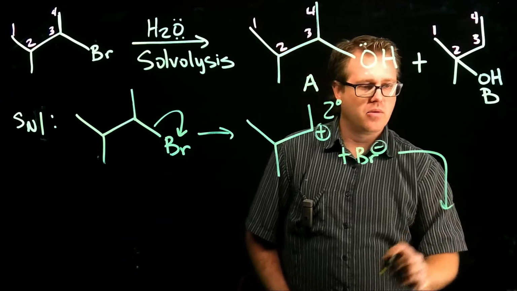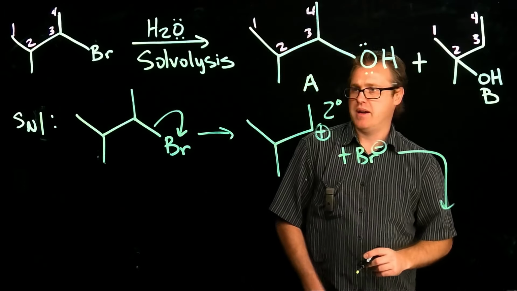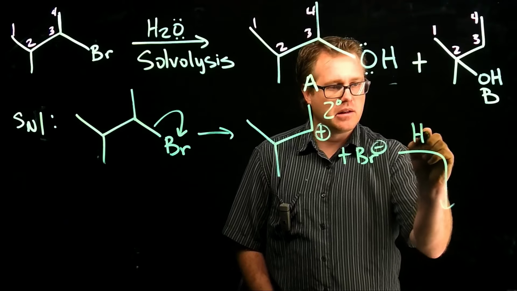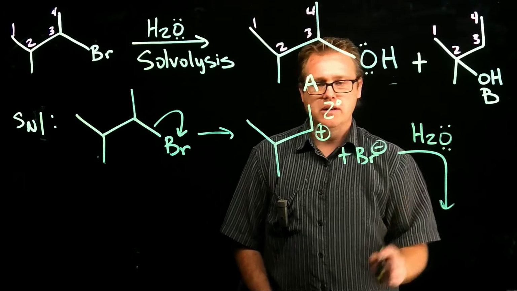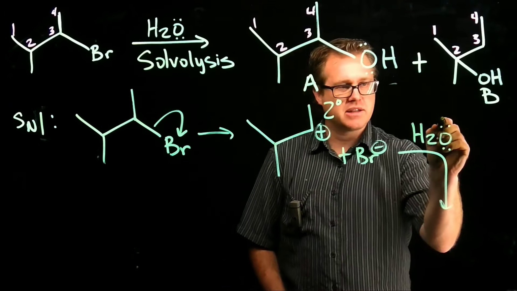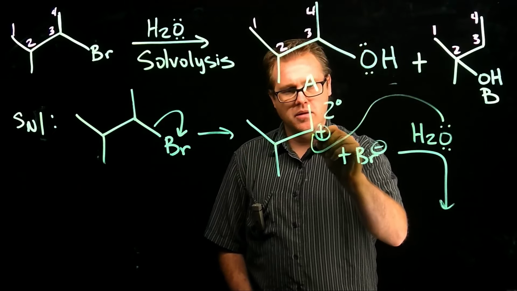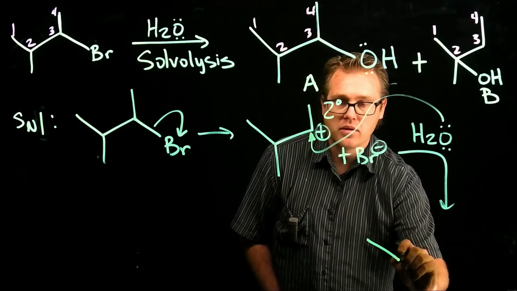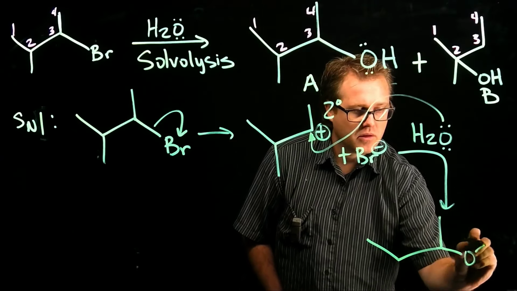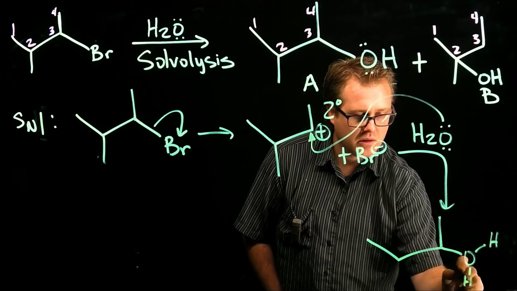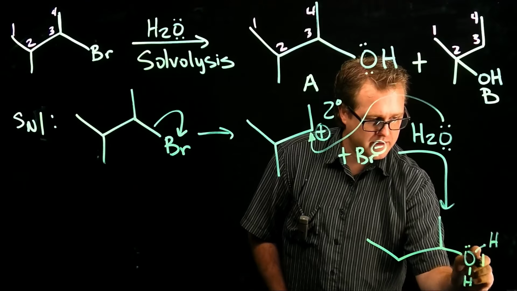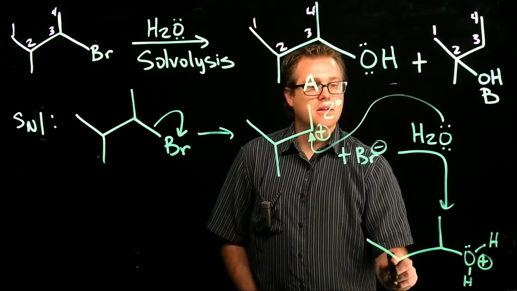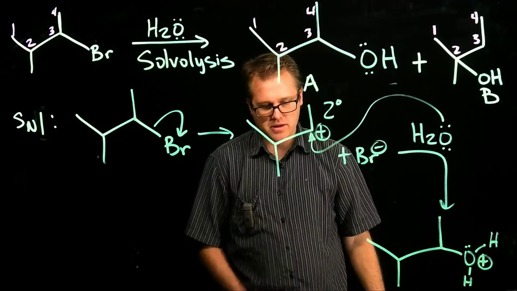And then what's the next step here? We have water here. So now that can do a coordination step. Attack there. We can see everything still. Good. Can't forget all our carbons.